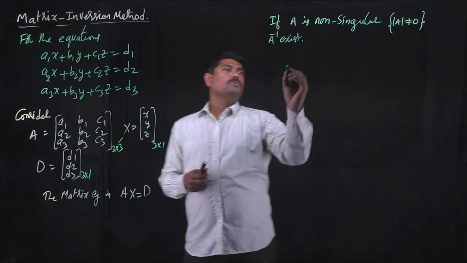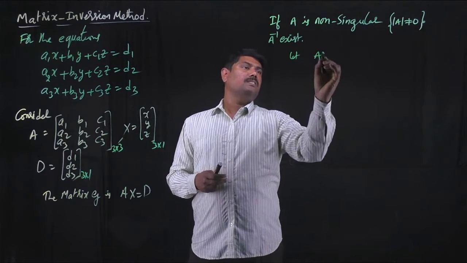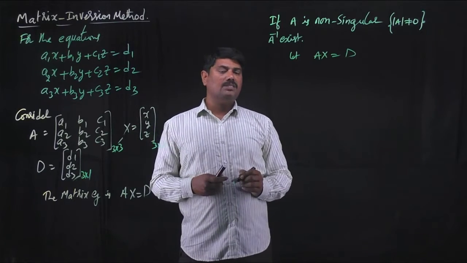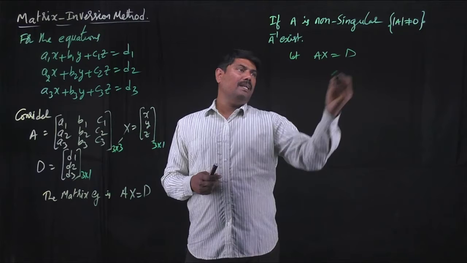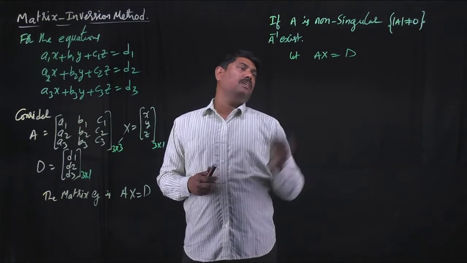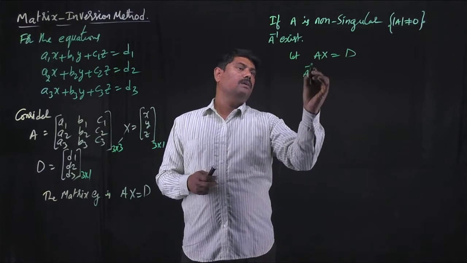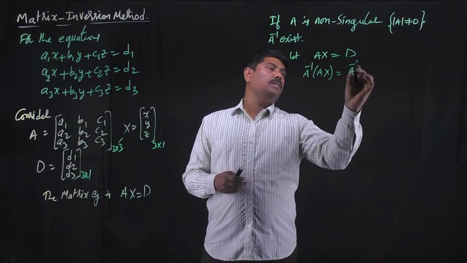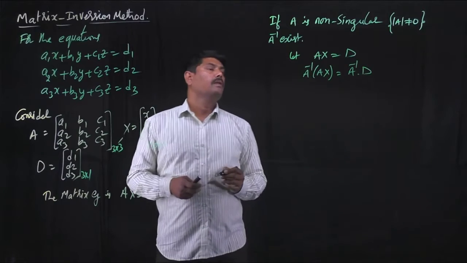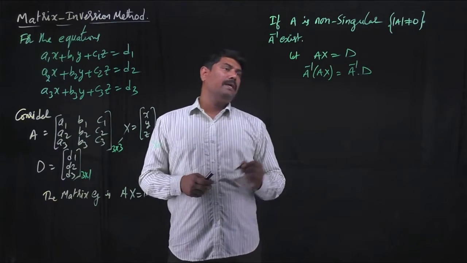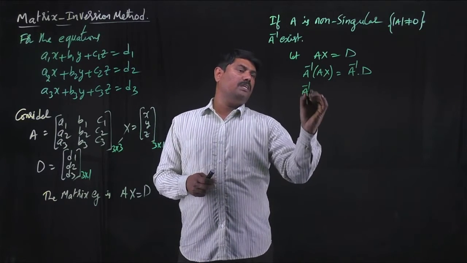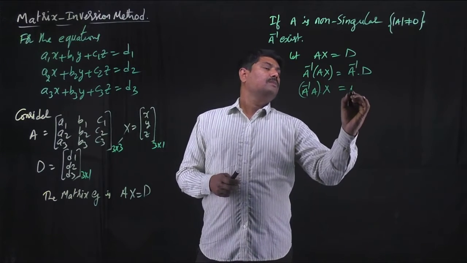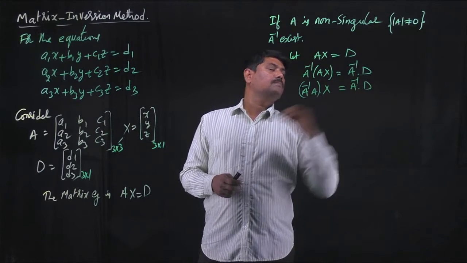Now let AX is equal to D. Since A inverse exists, you can multiply A inverse on both sides of the equation AX is equal to D. A inverse into AX is equal to A inverse into D. Since matrix multiplication follows the associative property, you can write this as A inverse A into X, which is A inverse into D.